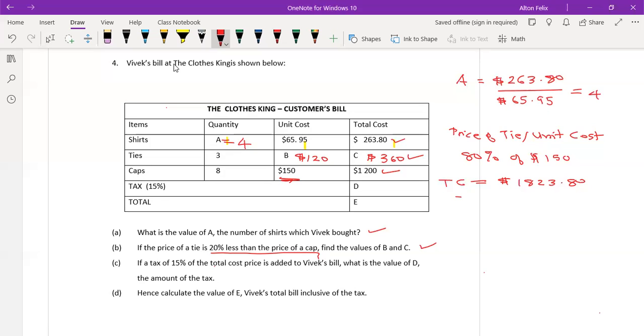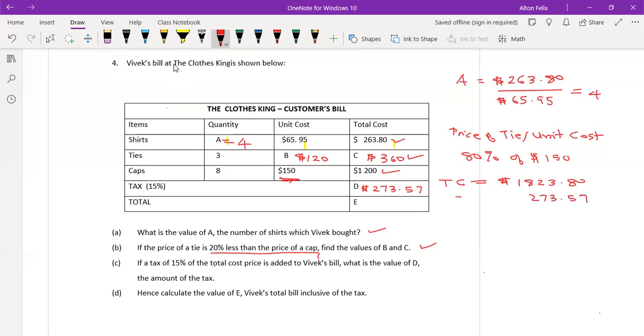So that's the value of the VAT, 273.57. So we're going to add that, hence calculate the value of E, which is his total bill inclusive of the tax. So we simply add the 273.57 here, right?